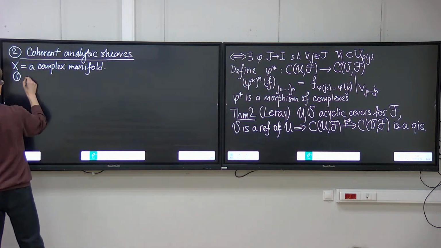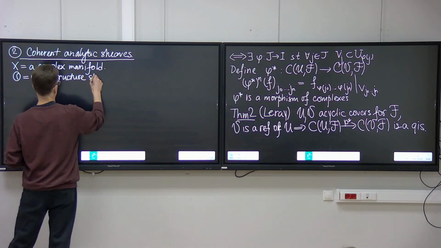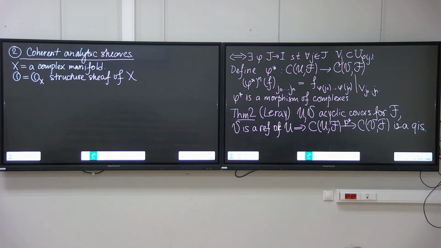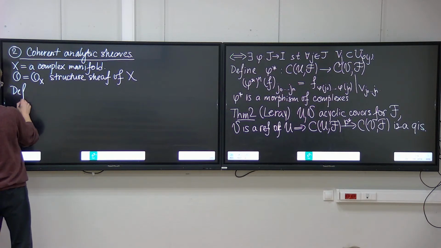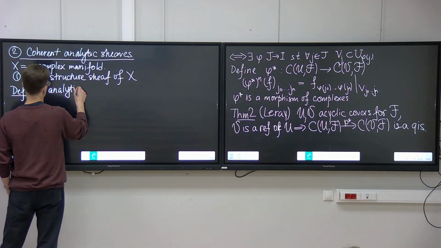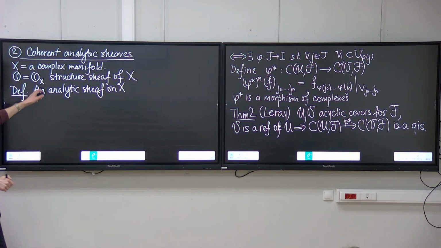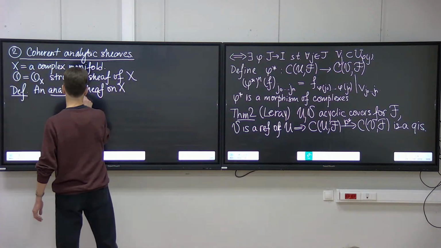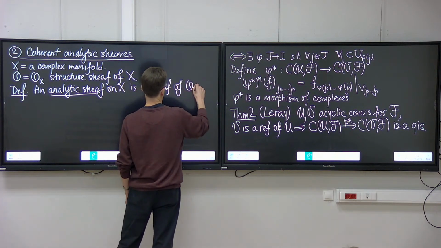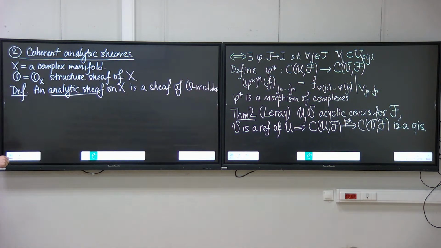And we denote by O the structure sheaf of X, that is the sheaf of germs of holomorphic functions on X. By an analytic sheaf on X, we mean a sheaf of modules over the sheaf of germs of holomorphic functions.